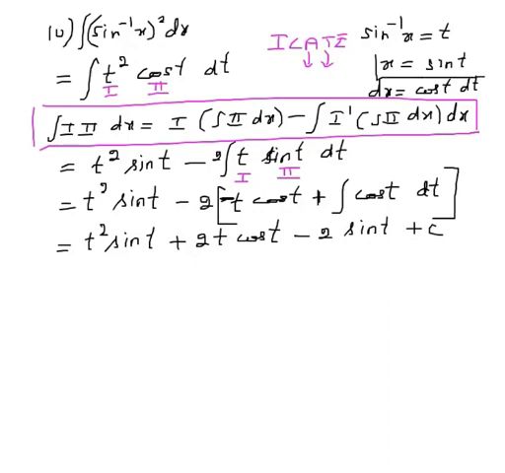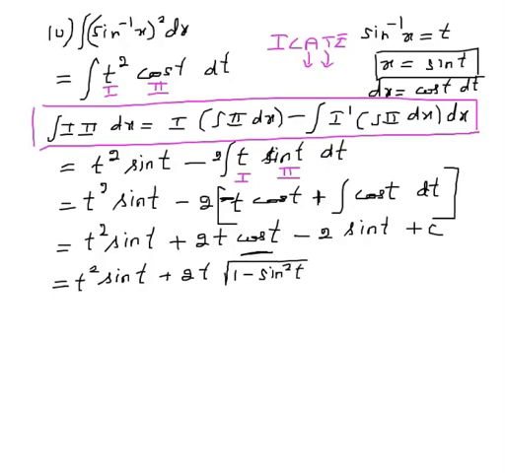Now look at our substitution. x is sin t. So change all other trigonometric functions which are in the answer in terms of sin t. Remember, any trigonometric function can be written in terms of any other trigonometric function. We have cos t. I can write cos t as root of 1 minus sin square t.